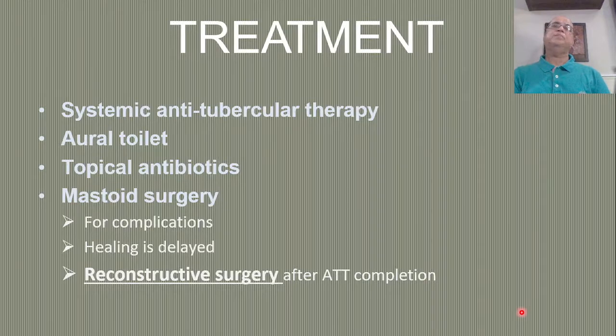So some people are in favor of a combo of these drugs being given in a single tablet form, so that compliance is better. It is easy for the patient to take the medicine, and usually if a combo of the drugs is available in the form of tablets, then 10 kg body weight is equal to 1 tablet.